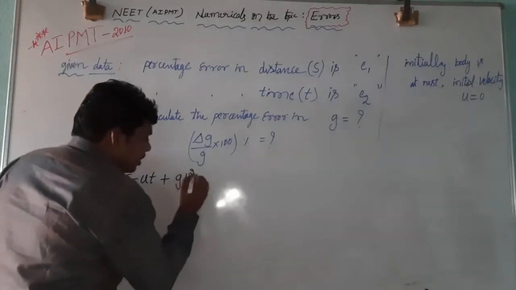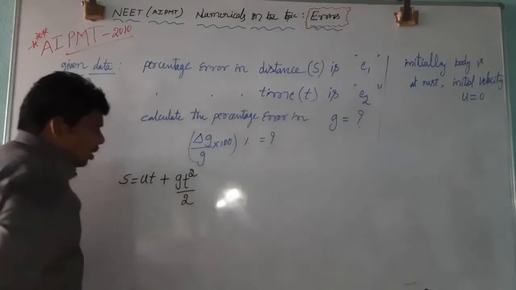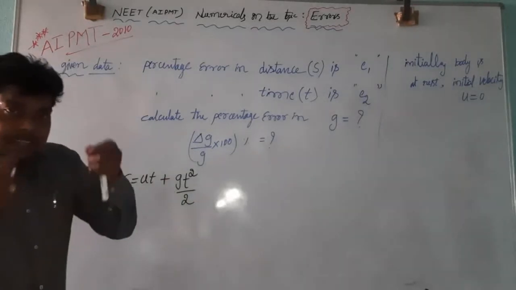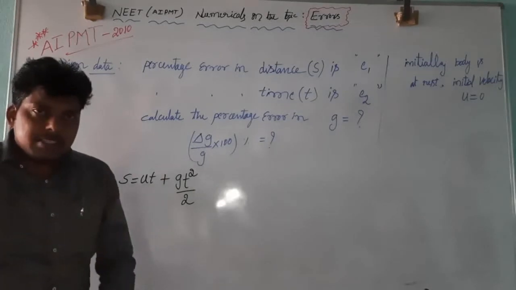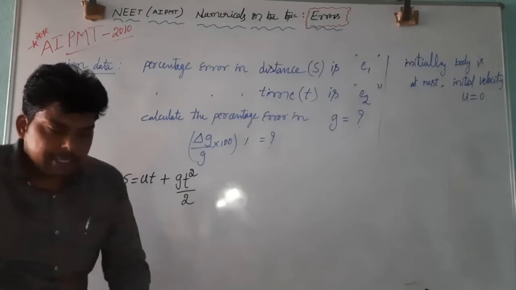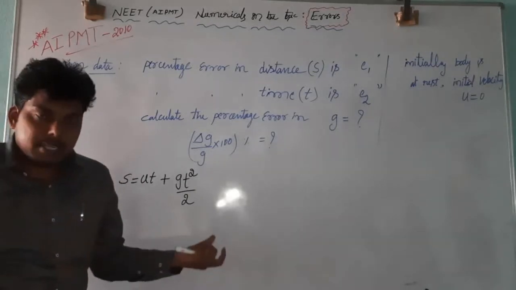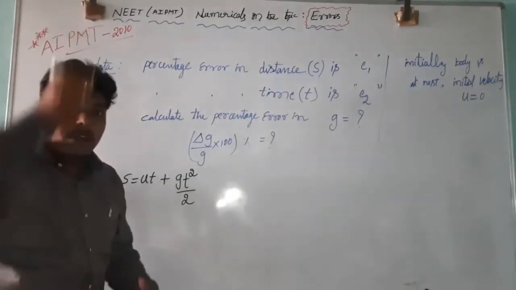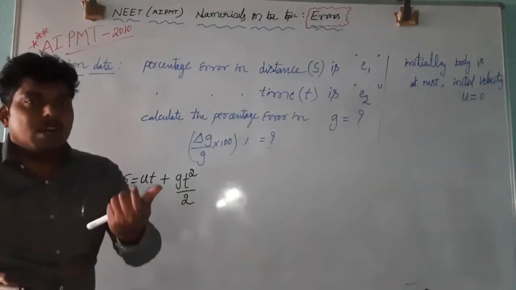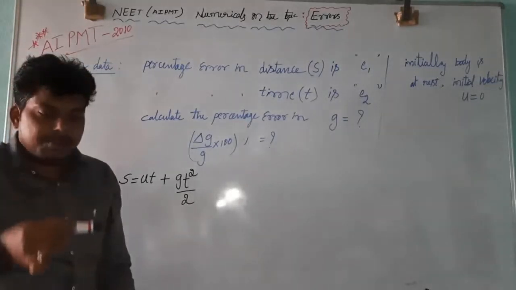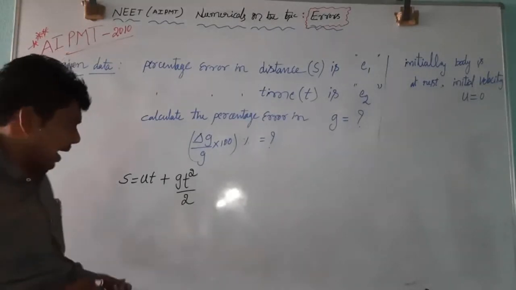Here that is g t square divided by 2. Here we have to take plus g or minus g? Plus g only. Why? Because there is increase in velocity or decrease in velocity. When the body is dropped from a certain height, there will be increase in velocity, so we have to take it as plus g. If the body is thrown upwards, then we have to take the negative acceleration, because there will be decrease in velocity. But here the body is freely falling, so we have to take the positive acceleration.